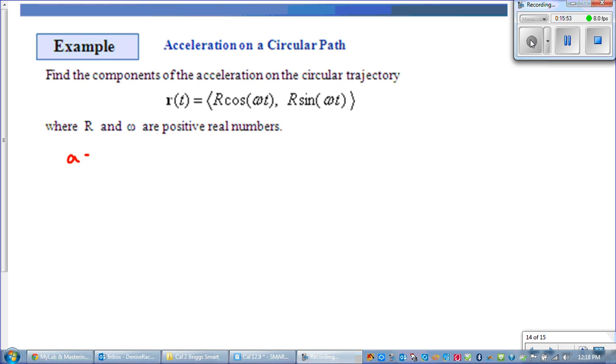I have the acceleration is a sub n times n plus a sub t times t. One of the formulas for a sub n was the curvature times the magnitude of the velocity squared. And one of the formulas for the tangential component of the acceleration was the second derivative, so the change in speed relative to time.